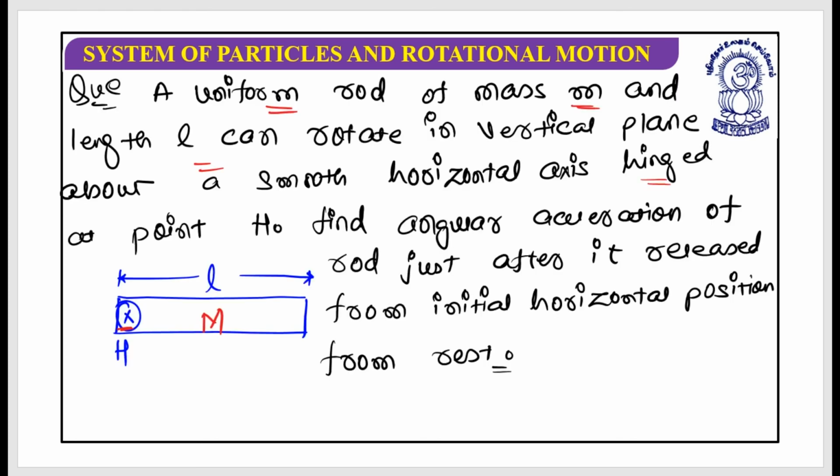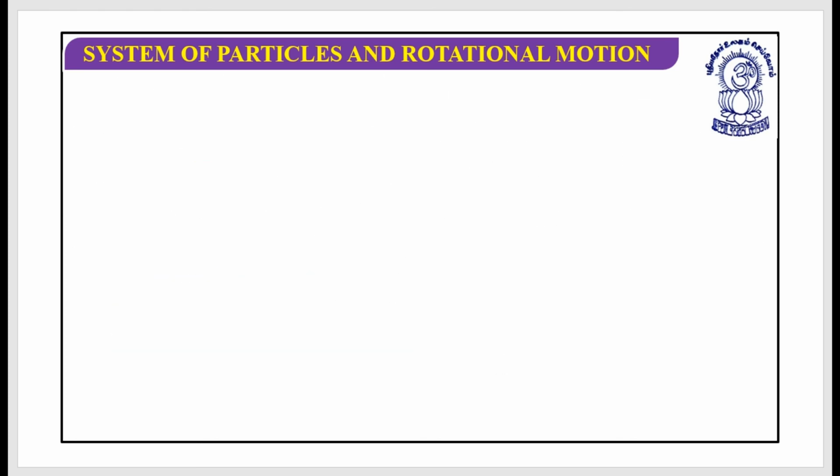Let me redraw this. The rod has been hinged over here. This is H, this is length L, and the mass is M. Now you want alpha, and when you want alpha, you should go for torque equals I alpha. Now who will apply the torque?